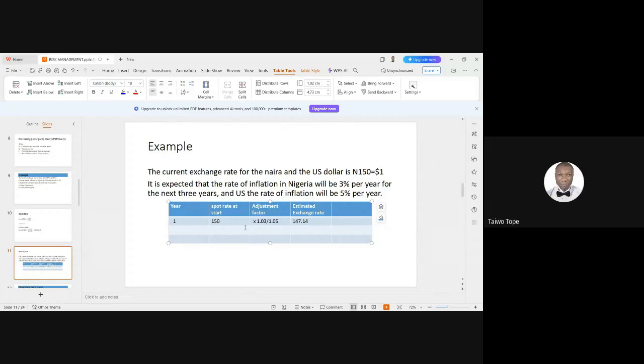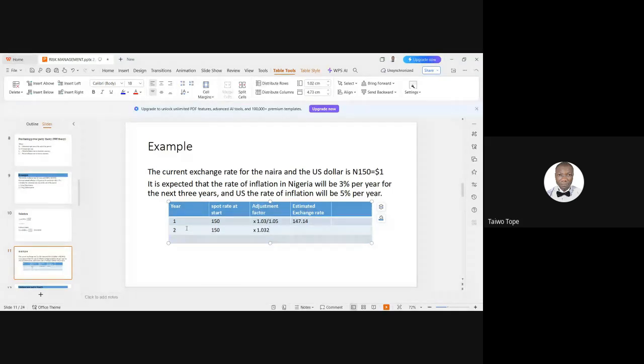Then you just multiply by 1.03 without raising it to the power of 2. You still get the same results. Let's see: 144.33.